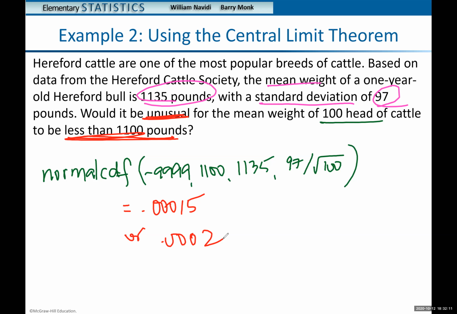Can you explain? For some reason I got 9.7. I got the square root of 100 is 10, and then I did 97 divided by 10. Did you enter negative 9999? I thought we were computing what the standard deviation would be. Oh, it's the whole thing. Gotcha.